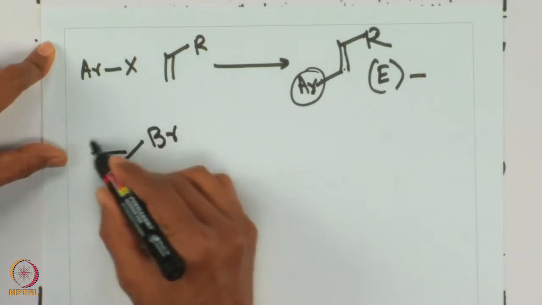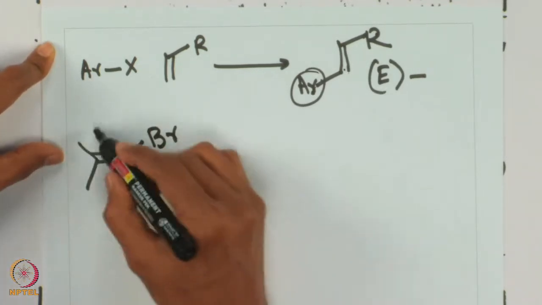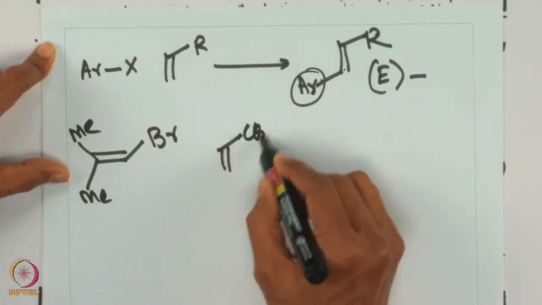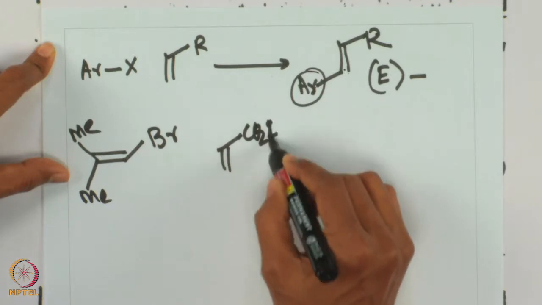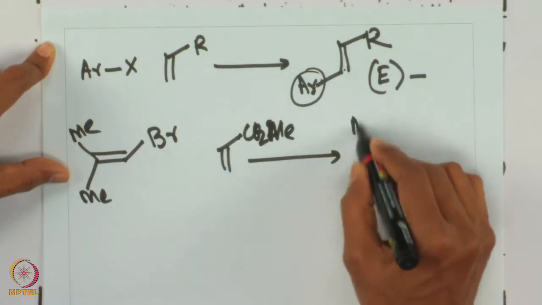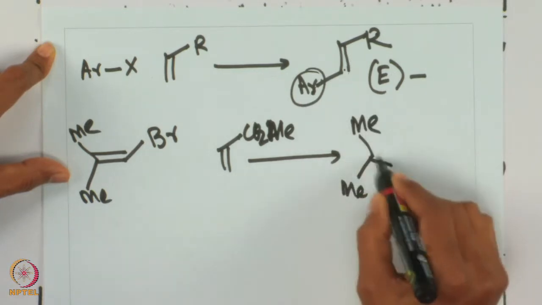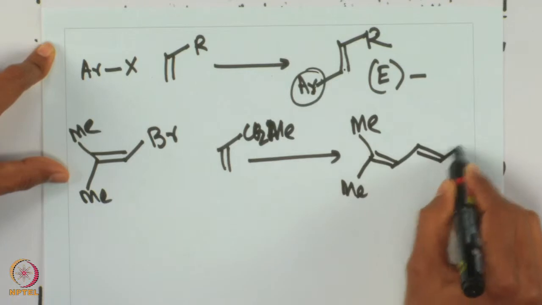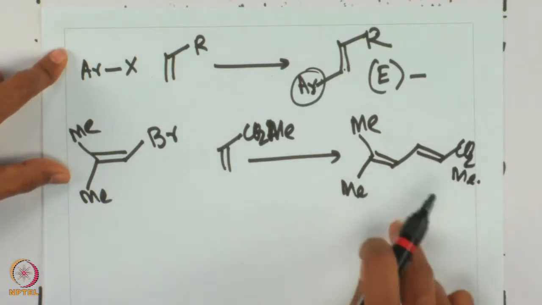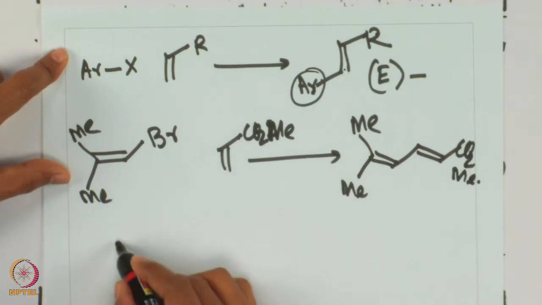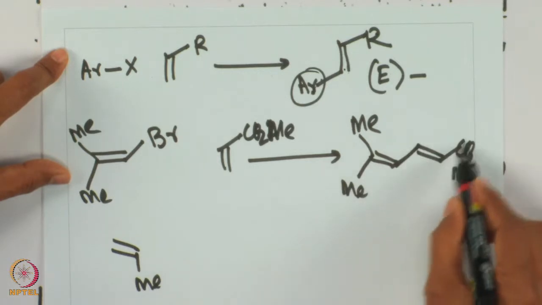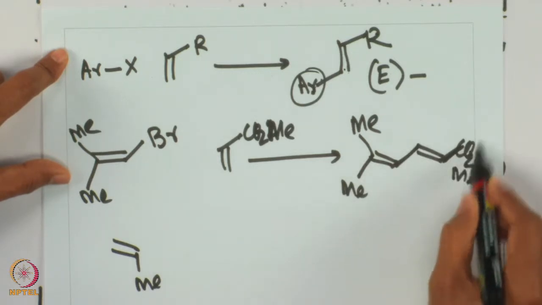Now, if we have an olefin or alkynyl halide as a coupling partner, let us say with ethyl acrylate or methyl acrylate. What we have seen is, again, these are the examples directly from the literature. So, that should be supported quite well. Okay. So, that is what the product formation is. If you have further other substrate of similar types, as you see, this is trans with respect to the other substituent.